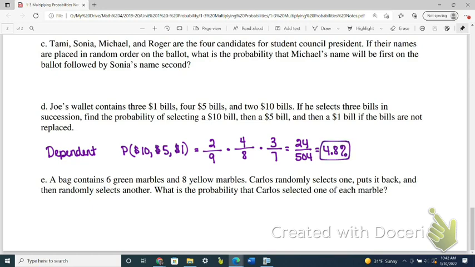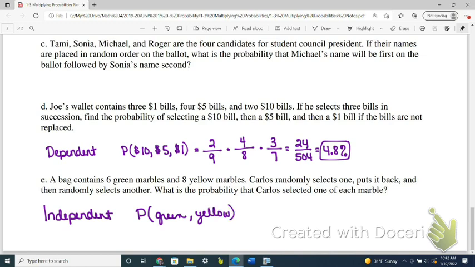And the last one, it says a bag contains 6 green marbles and 8 yellow marbles. Carlos randomly selects one, then puts it back and selects another. So this is going to be independent. What is the probability that he will select 1 green and then 1 yellow?